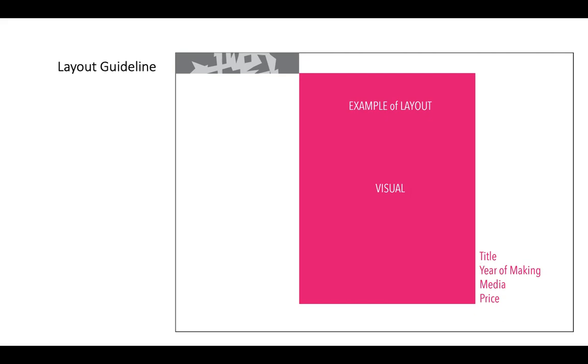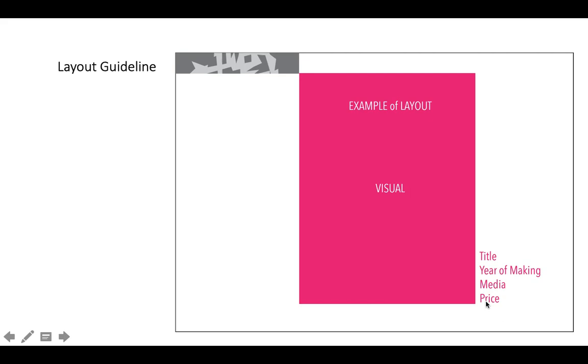Normally people will add the title, year of making, the media that you use, and maybe you want to put the price. If you are promoting or doing a portfolio to sell your products, you can put the price on the last row here.